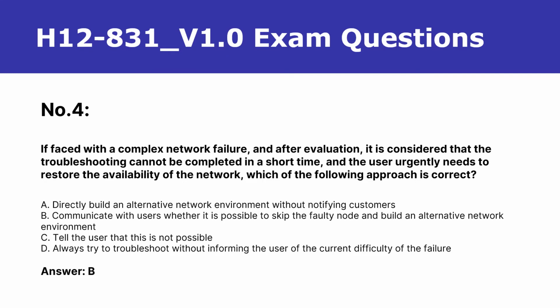B. Communicate with users whether it is possible to skip the faulty node and build an alternative network environment. C. Tell the user that this is not possible. D. Always try to troubleshoot without informing the user of the current difficulty of the failure. Answer. B. Number 5.